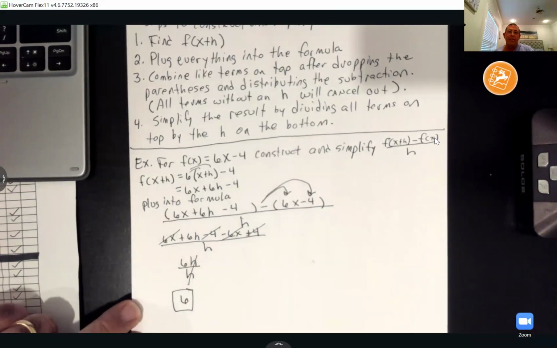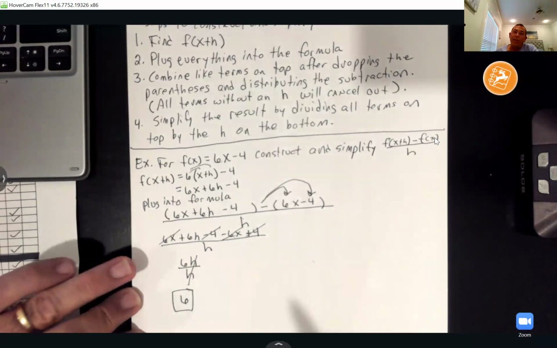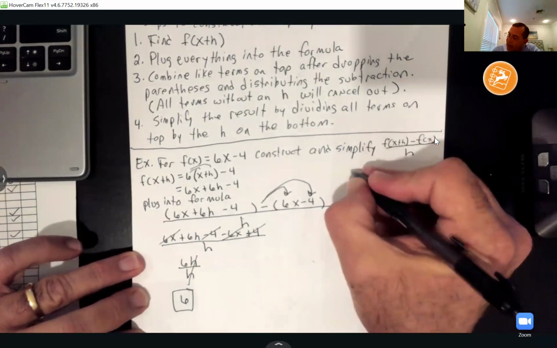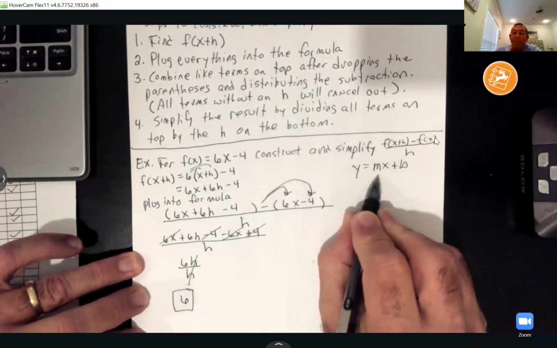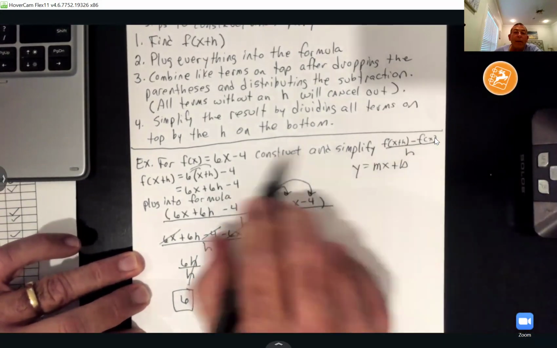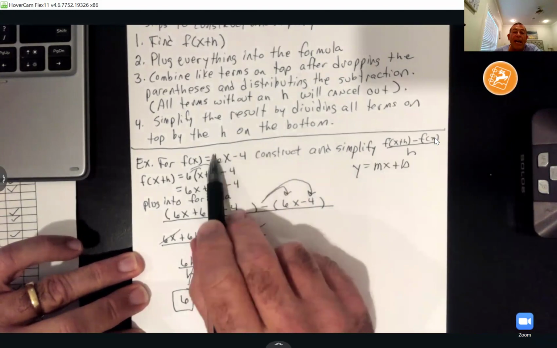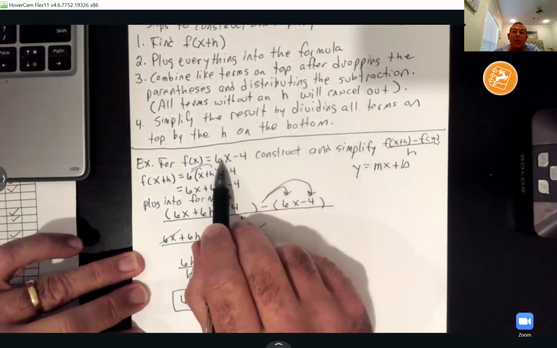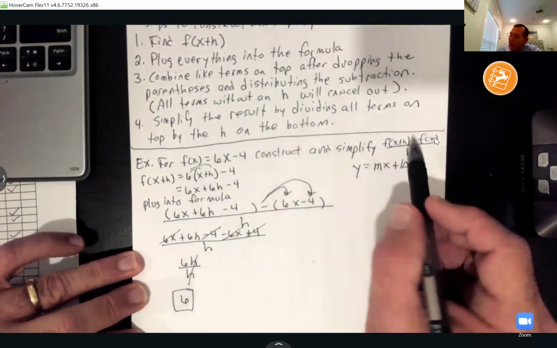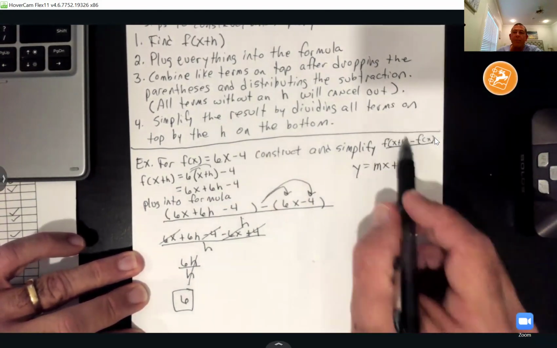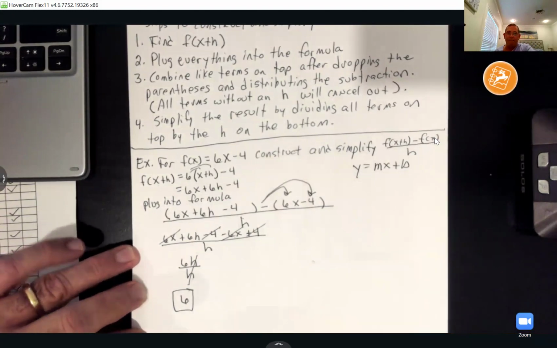a positive 6. If you know anything about that y equals mx plus b stuff, m is the slope. When it's a straight line like this, 6 is the slope. And look at my answer, 6. Because remember, the difference quotient ain't nothing but a fancy slope formula.